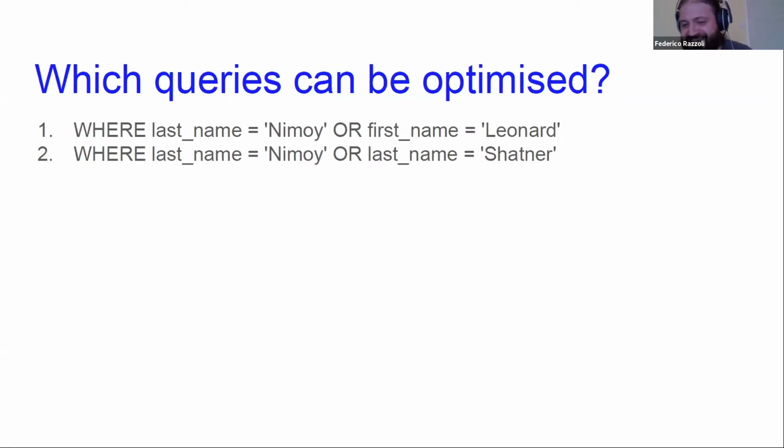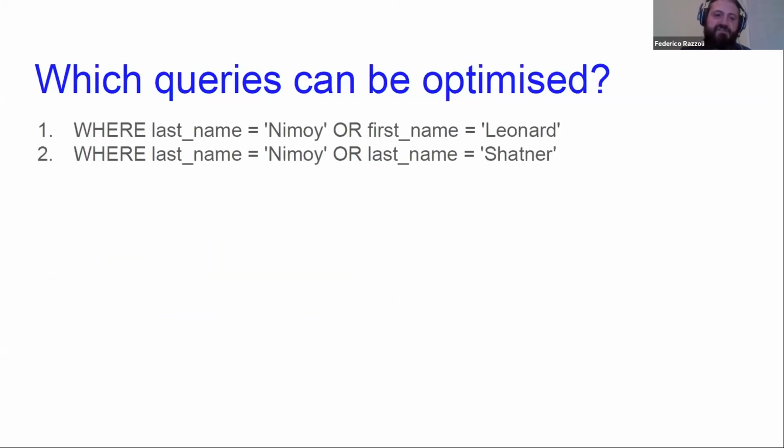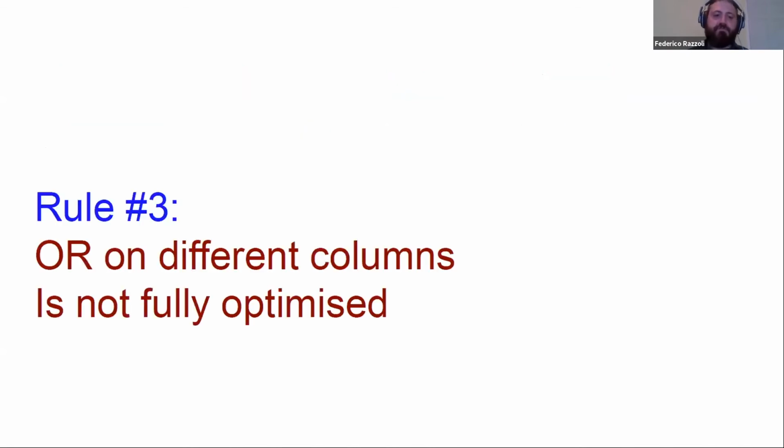Thank you, Victoria. It's great that you can guess the correct answers to the questions. So the last rule that we can infer is OR on different columns is not fully optimized. It is in the second example, because it is an OR on the same column. In the first case, it is not optimized at all.